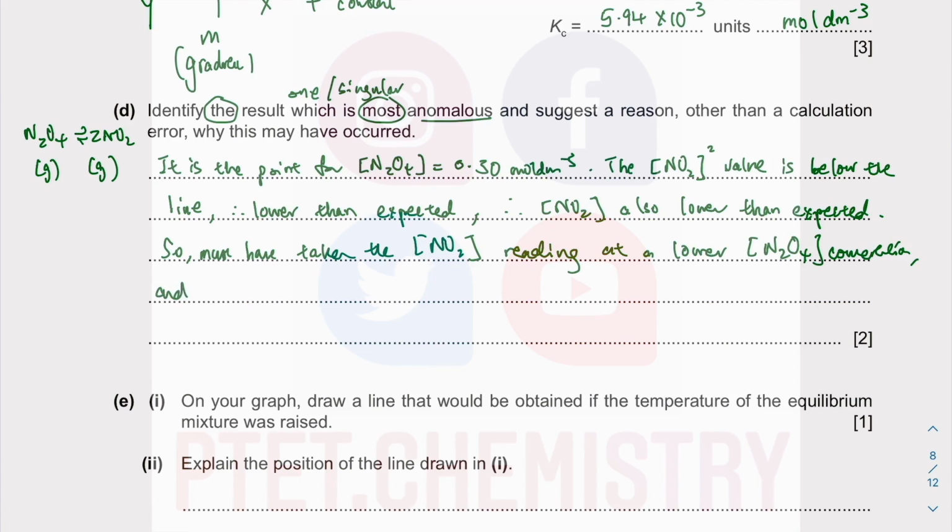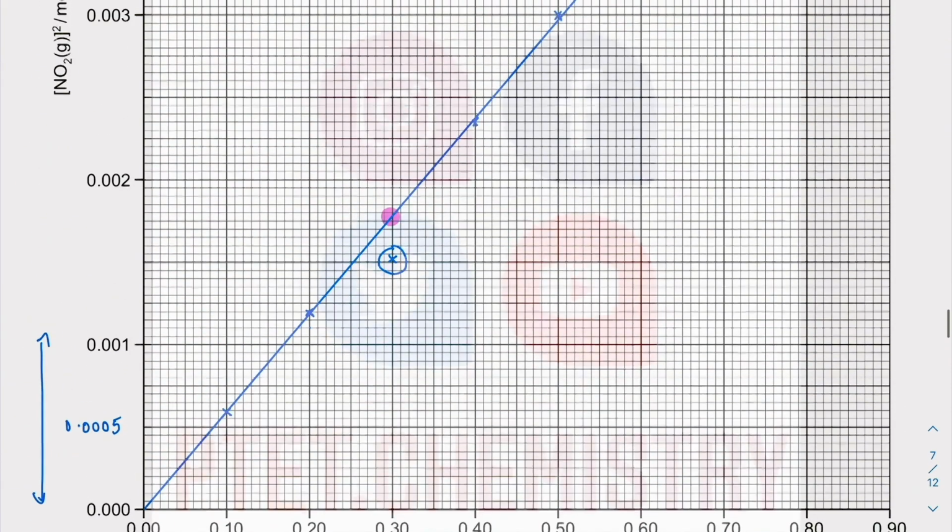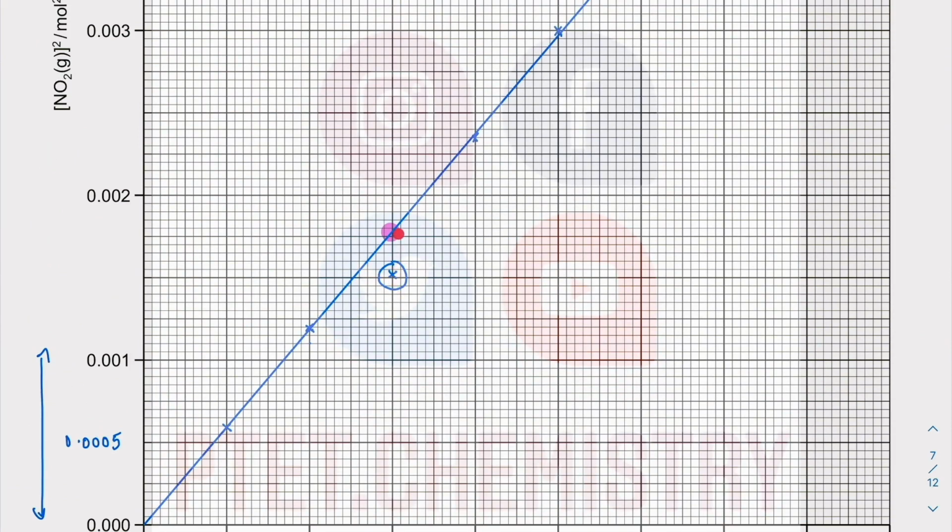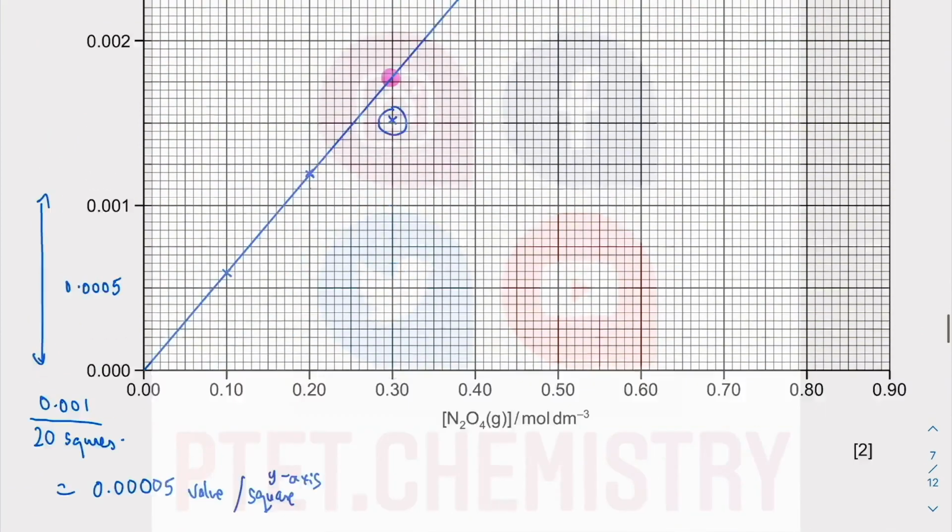And must therefore have been taken too early. Well, too early, that means before your equilibrium already been established, you already took the reading. So you expect the equilibrium to go a bit further and give you a bit more of this, but you have taken the reading a bit early. So it hasn't reached all that value yet.